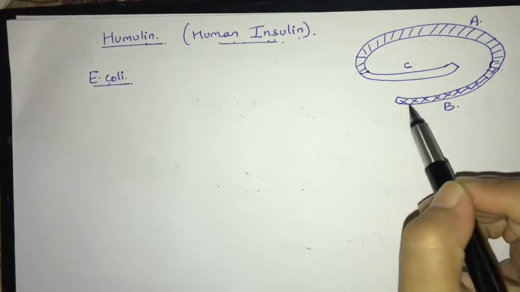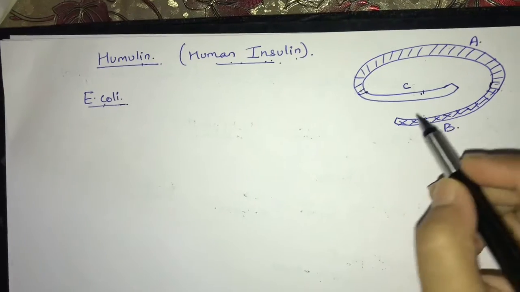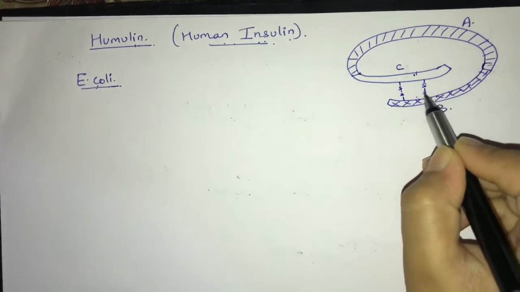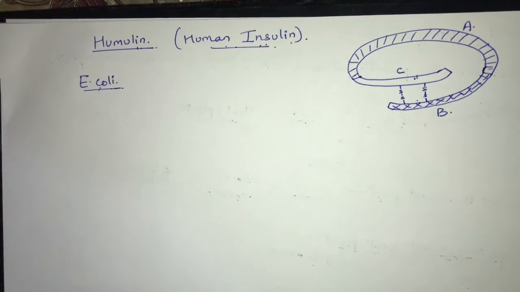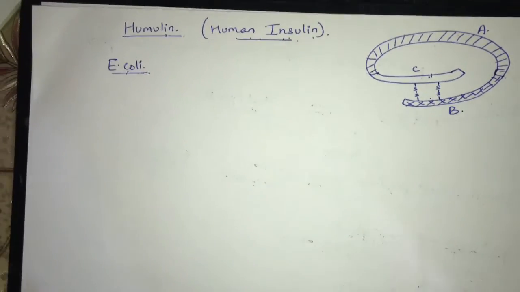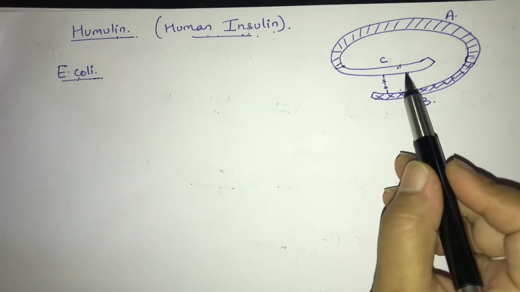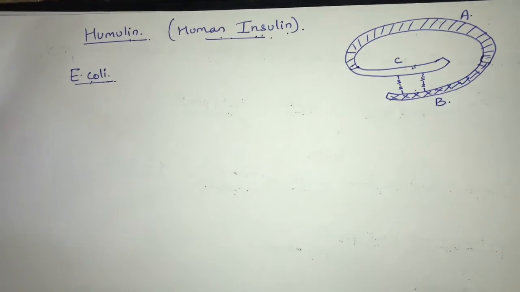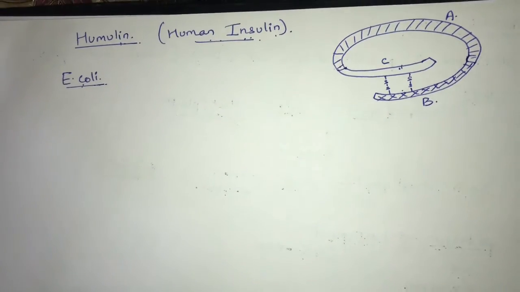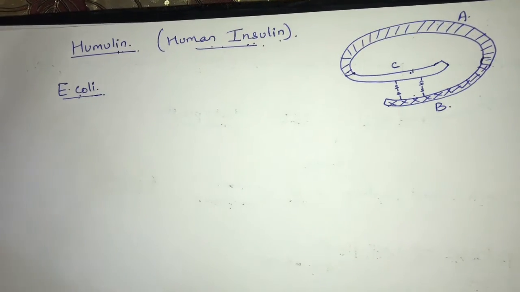So A and B are connected by the C polypeptide by disulfide bonds. Insulin is secreted as proinsulin consisting of A and B polypeptides connected by a C polypeptide of 33 amino acids. A polypeptide is nothing but a long chain of amino acids linked by disulfide bonds.